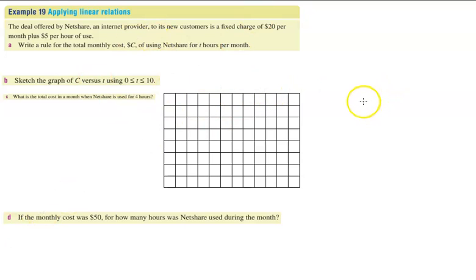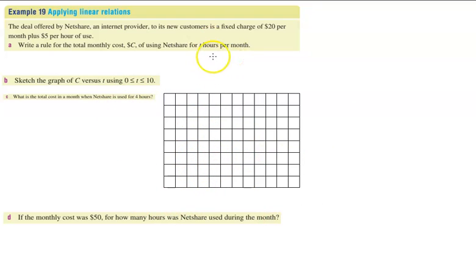So linear modeling just means that we will be given a certain situation that's got some real life context, and we're going to use our algebraic skills to figure out and portray certain information that's asked for, and that we can display either graphically or algebraically.